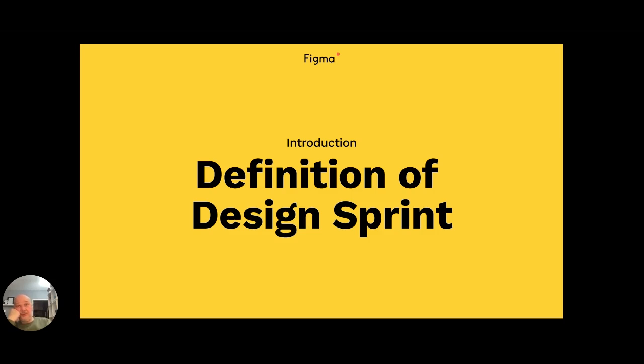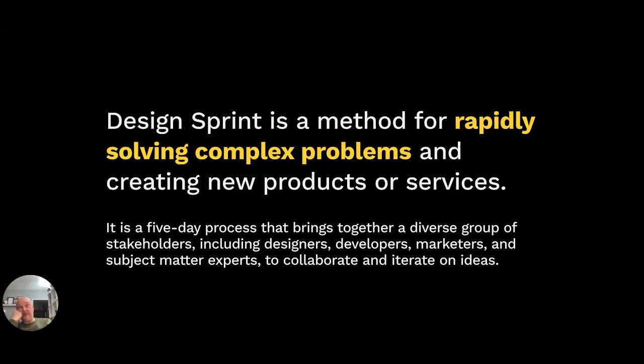Let's move on. So what is basically design sprint? Design sprint is a method for rapidly solving complex problems and creating new products or services. What it means basically, design sprint is like a family gathering together in an office. It lasts for 5 days, and the main goal is basically to keep most of the people who need to be there, like stakeholders, designers, developers, different kinds of marketers or subject groups.